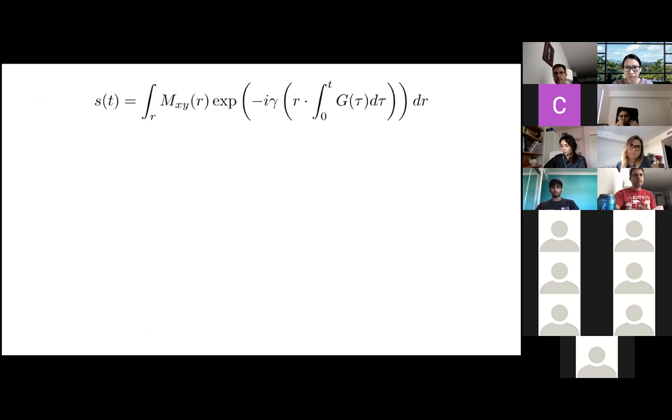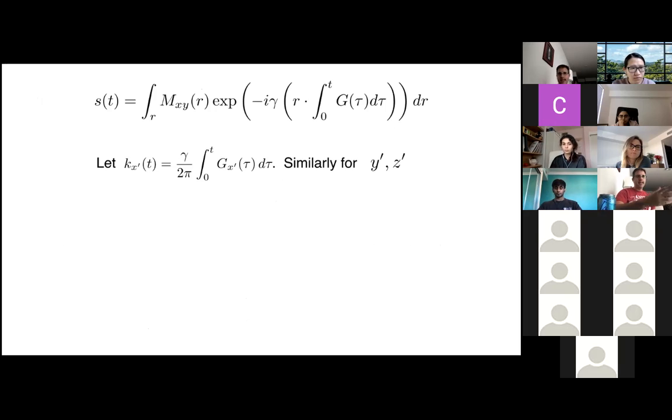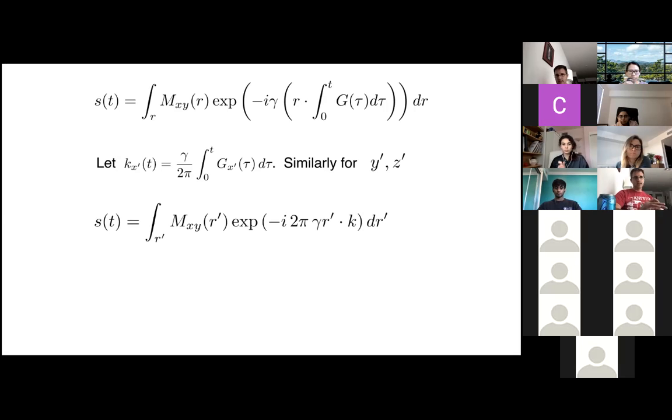Okay, now I'm going to define a new variable. Kx prime is going to equal gamma over 2 pi times the integral of g, and similarly for y and z. So I'm going to have this k vector, a 3-element vector, kx, ky, kz. With this definition of k, I can now change the above expression into this one.